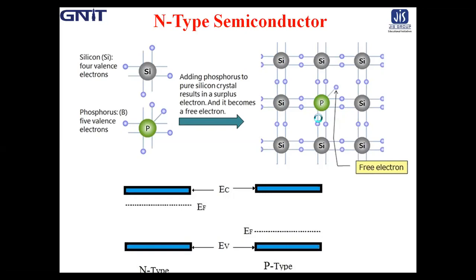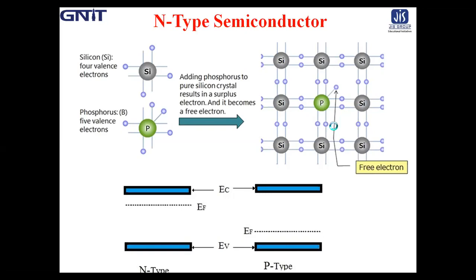In this case, more electrons than holes will be available as charge carriers, and the semiconductor is called N-type because the majority of charge carriers are negatively charged electrons.